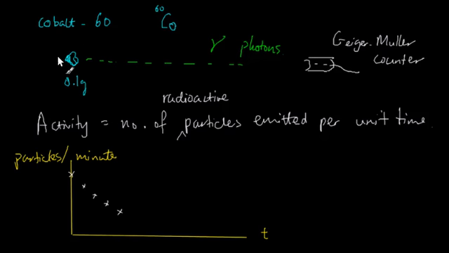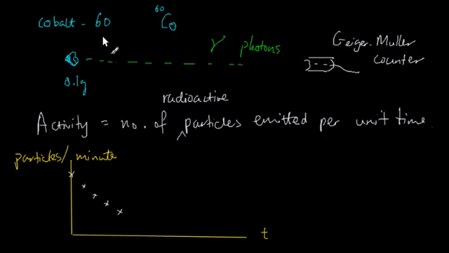So there will be fewer and fewer cobalt 60 atoms or nuclides that can emit gamma photons as time goes by. So as time goes by, we would expect therefore that the activity would somehow decrease, and indeed that's what we would observe.